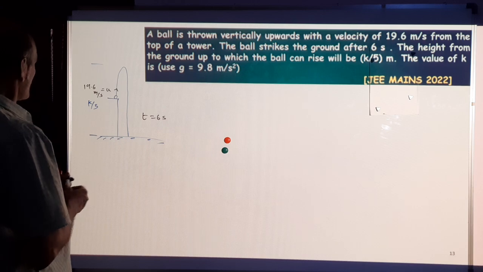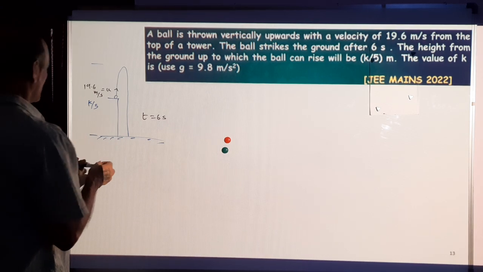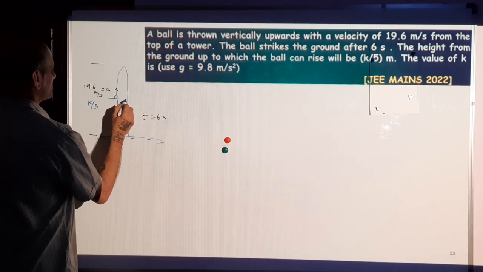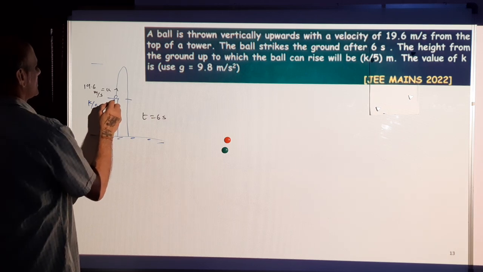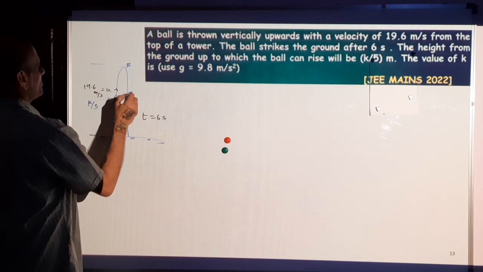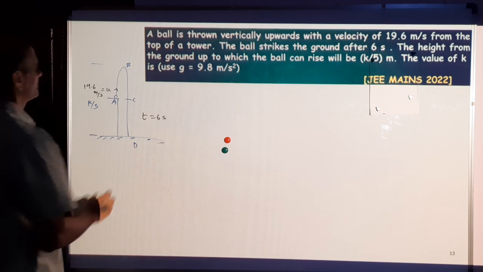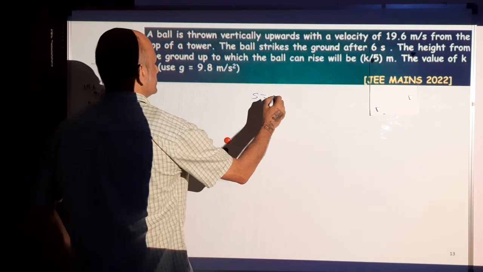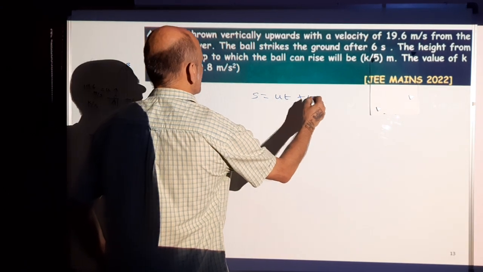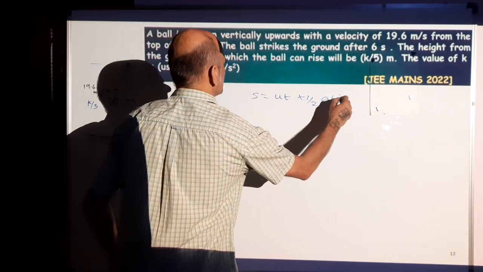Since 19.6 is given, we can find the time it takes to come back to the same level. Let me call this A, the maximum height point B, and then C, D. Okay, so s equal to ut plus half a t square.